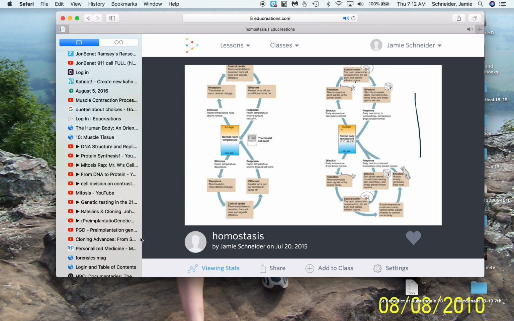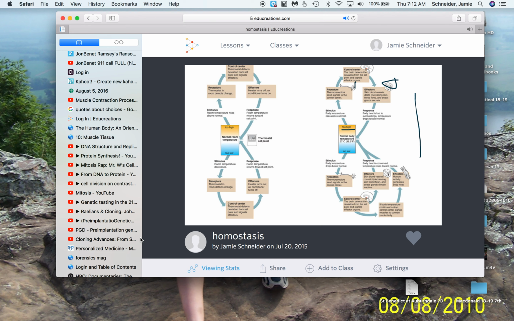If it goes too high, then I'm going to send a message to the hypothalamus right here, and it's going to say, okay, I have to do something about it to change the temperature, so I have to bring in the effectors. The effectors are going to make the blood vessels dilate, and sweat glands are going to start sweating so that I can lose heat through sweating.